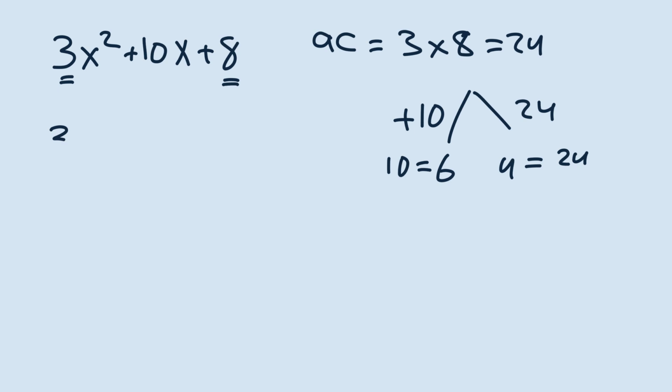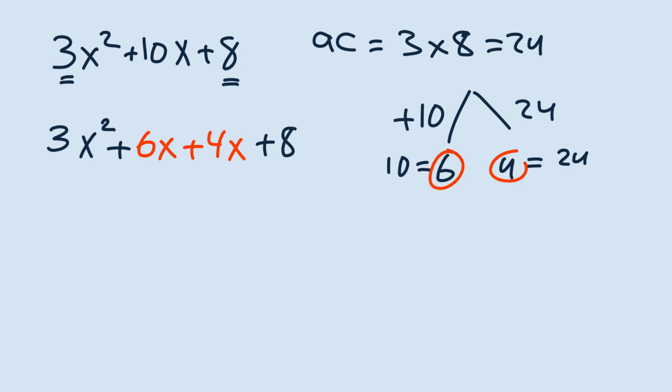Now let me rewrite the question. So 3x squared plus, I have to use these two numbers. So 6x plus 4x plus 8, which is this 8. Now I have to take each two terms together. This is the first group and this is the second group. Now I have to factor the GCF.